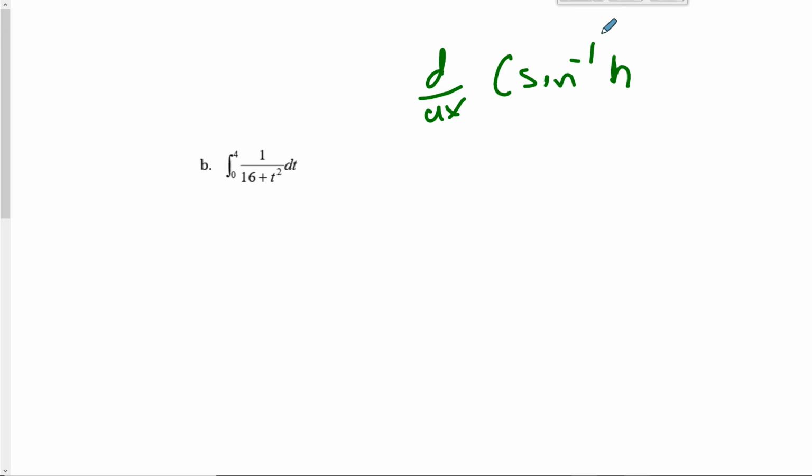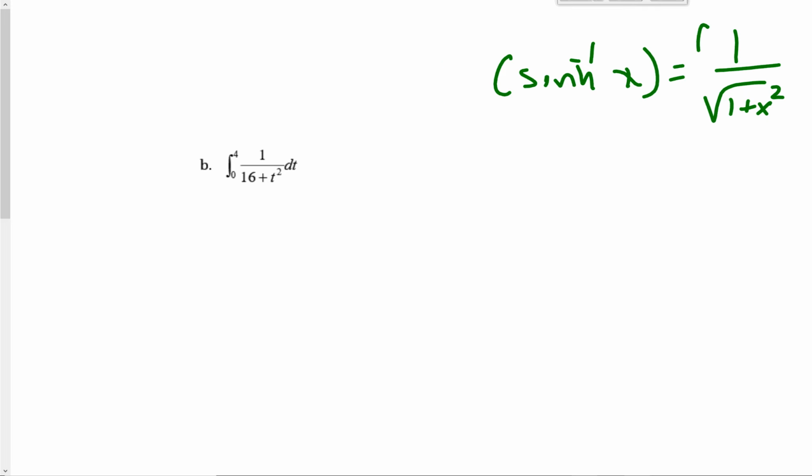Inverse hyperbolic sine of x equals 1 over square root of 1 plus x squared, okay? So what you do is basically you take that list, erase this dx, and put an integral sign right here and add a dx right there. There you go. That's what it'll equal. So that's how you can come up with the integrals.